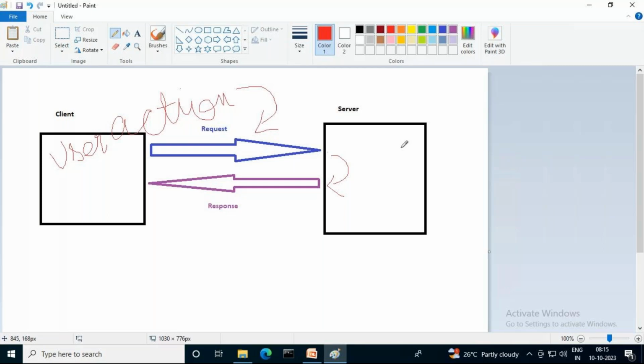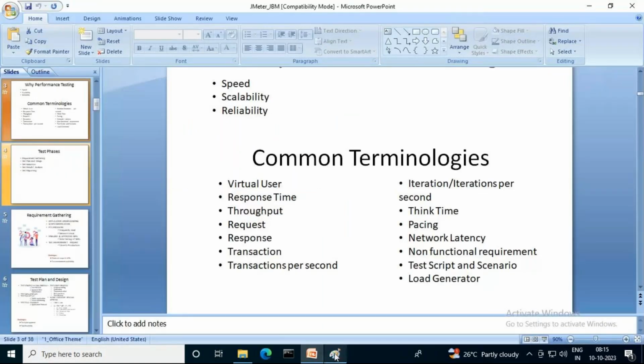Okay, any queries? Sir, can you please repeat again TPS? Okay, TPS is nothing but the number of transactions completed or processed by the server per second, on a second basis.